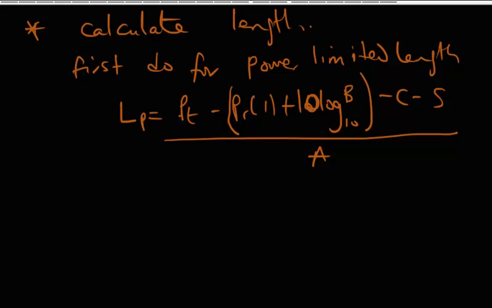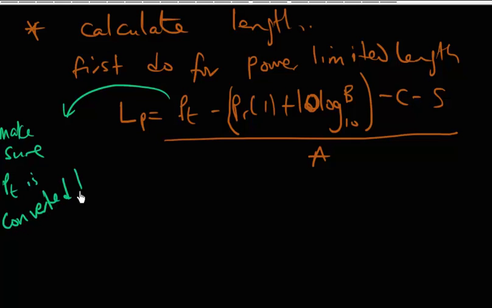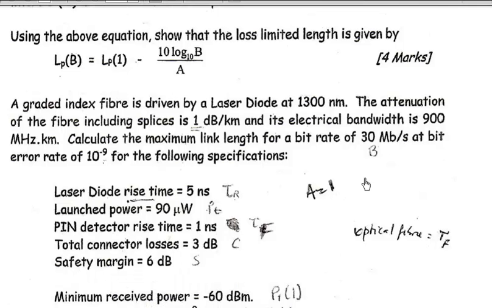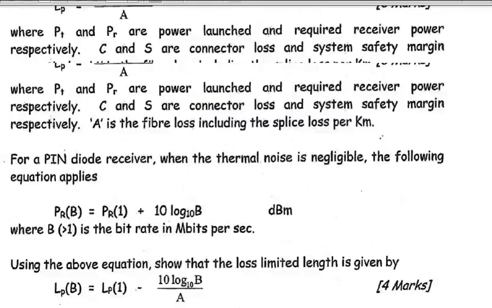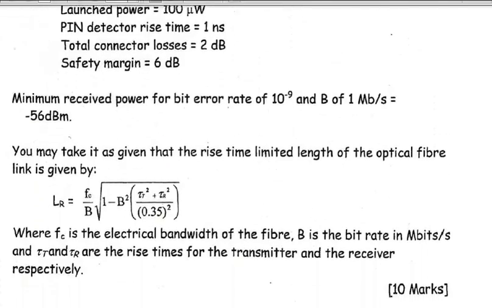First of all, make sure to convert PT to dBm. PR of 1 is always given at the end, like here, say minus 60.